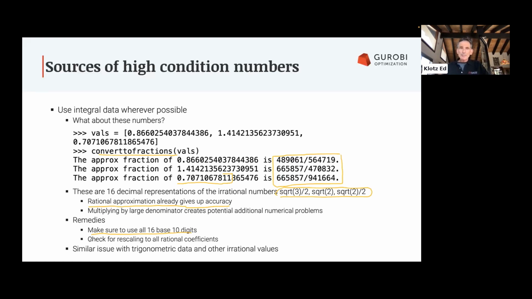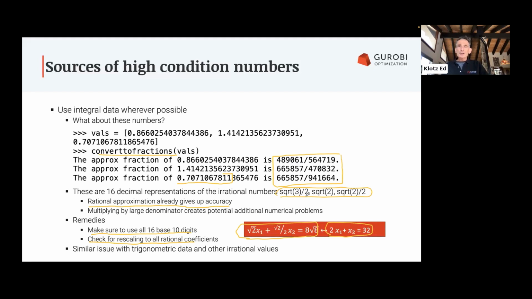And then the second remedy is to check for rescaling to all rational coefficients. Now, unlike the previous cases, there's no guarantee that this is going to happen, but it's worth checking. I illustrate with a very simple example where we have this constraint here on the left with irrational coefficients, but by multiplying through by the square root of 2, we turn it into one with all integral coefficients without any loss of precision.